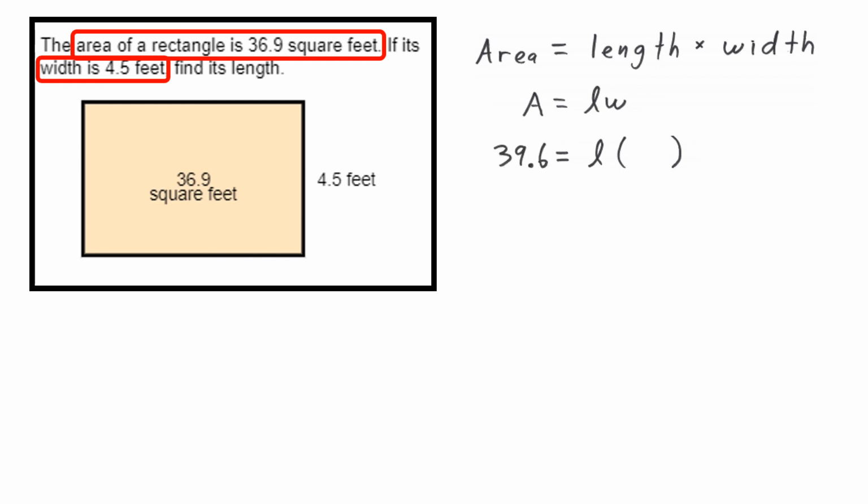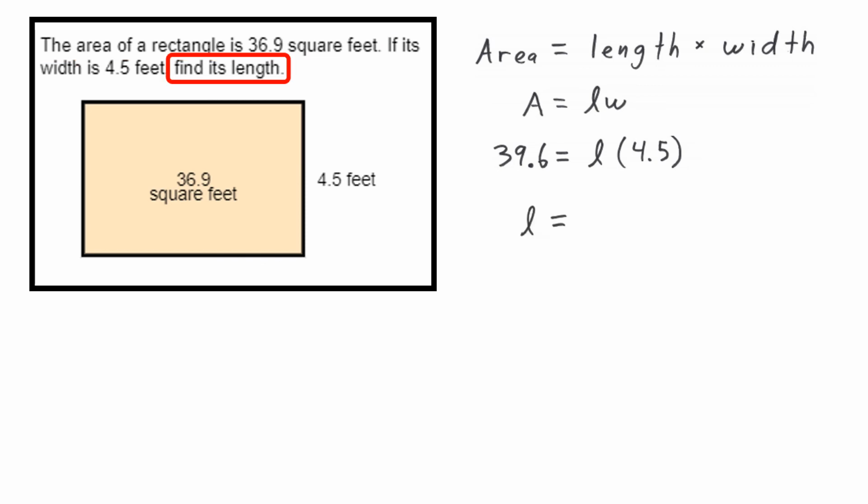A, the area, is 39.6, and W, the width, is 4.5. We can find the length by dividing the area, 39.6, by the width, 4.5. And this gives us 8.2.